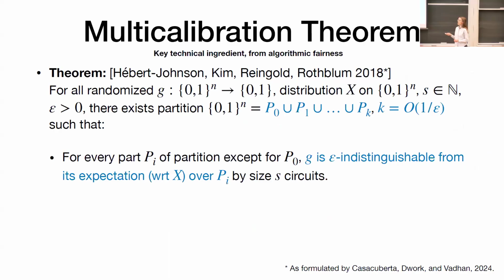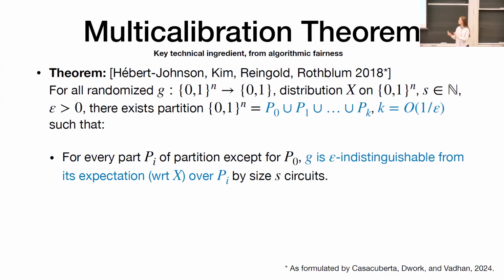For all randomized functions g over the hypercube {0,1}^n, and all distributions x on the hypercube, and all parameters s and epsilon, there will exist a partition into k components where k is order 1 over epsilon, so a very small number of components, such that for every part of the partition except for one, let's call that P0, g is epsilon indistinguishable from its expectation over the part with respect to this distribution x by size s circuits.